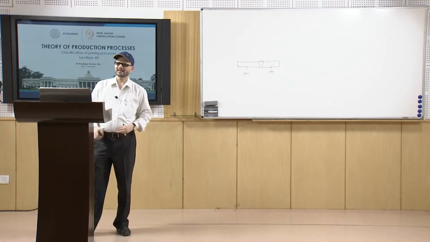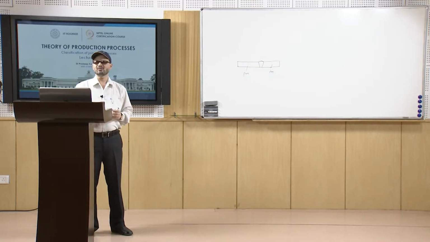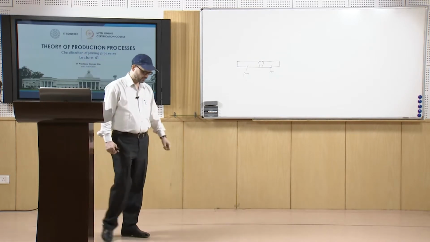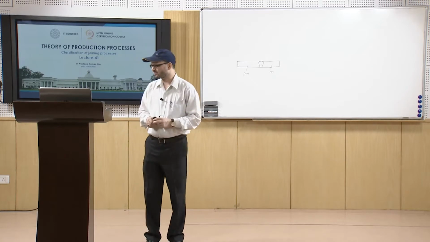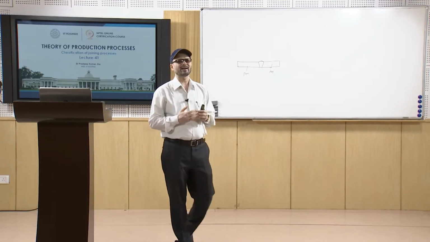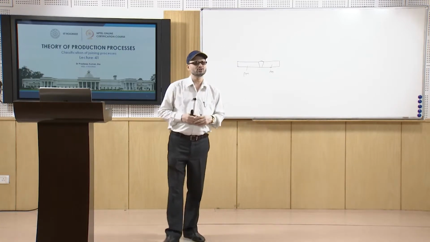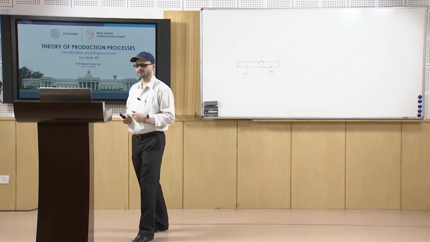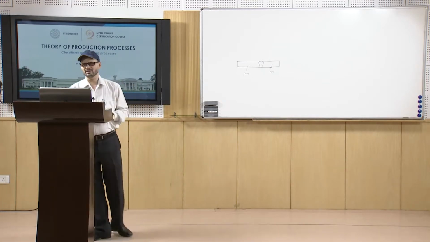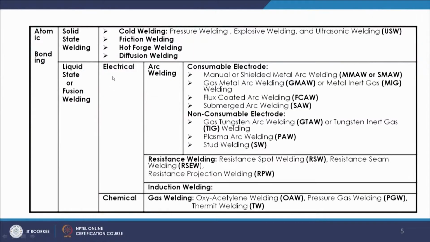Coming to liquid state or fusion welding. In the case of liquid state or fusion welding, the classification may be based on different kinds of fuels used. So what is the source of energy which is used for doing this operation? There may be electrical means, and when we go for electrical means there may be different processes.